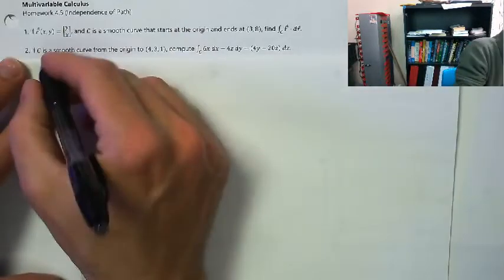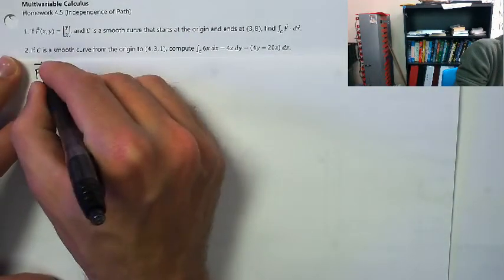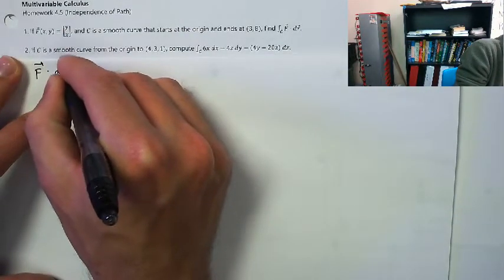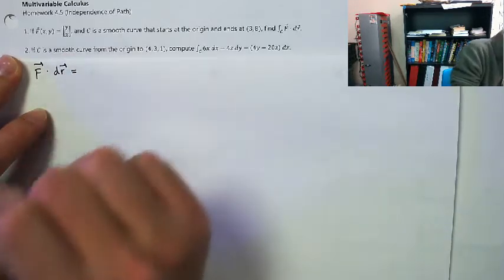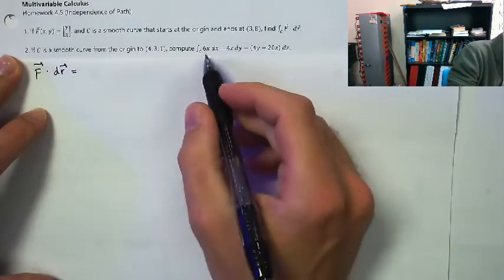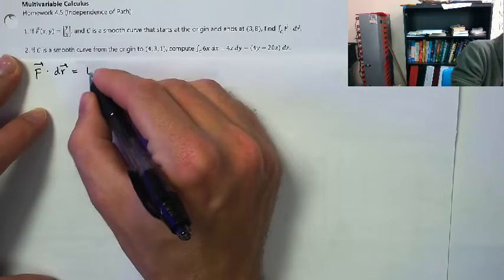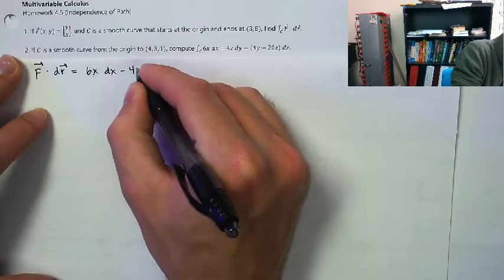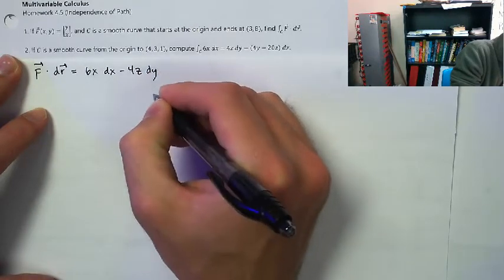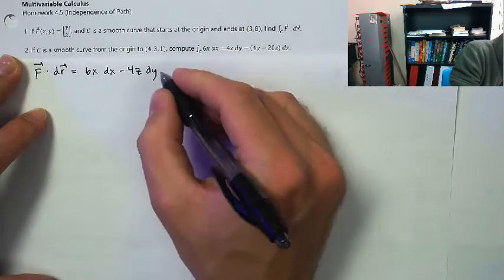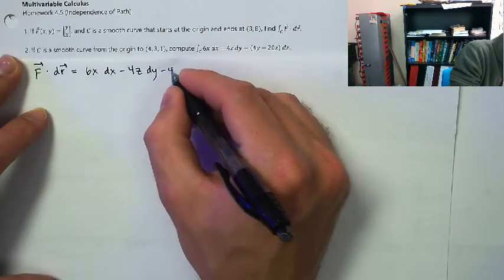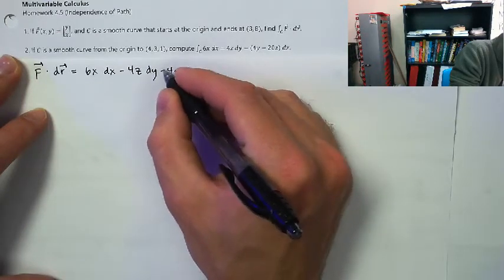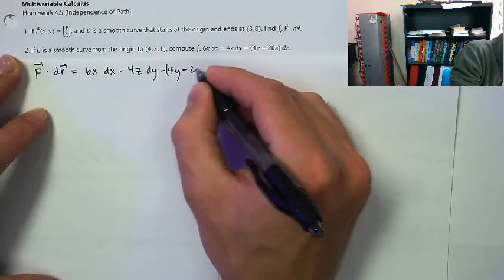Okay, so I already know that f dotted with dr is equal to 6x dx minus 4z dy and negative 4y dz. I'll just copy it.